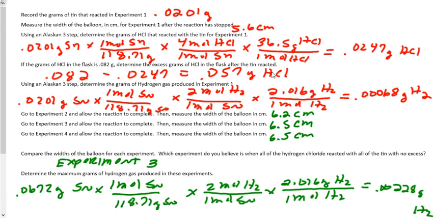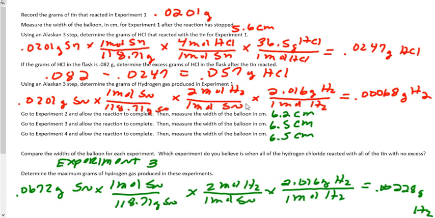So then the question says, use an Alaskan three-step, determine the grams of hydrogen gas produced in experiment 1. We must use the 0.0201 grams of tin in this Alaskan three-step. Why is that? Because this is our limiter. So 0.0201 grams of tin times 1 mole of tin over the molar mass of tin. And now this time it's 2 moles of hydrogen for 1 mole of tin.